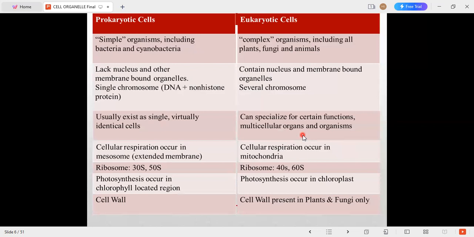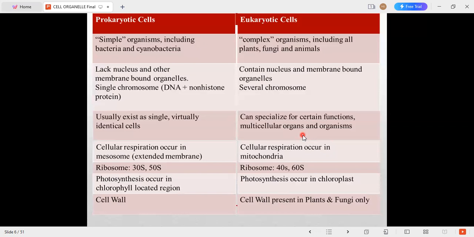The ribosomal subunits are 30S and 50S in prokaryotic cells, and 40S and 60S in eukaryotic cells. And photosynthesis in a prokaryotic cell occurs in a chlorophyll-located region, while photosynthesis occurs completely in the chloroplast in a eukaryotic cell.